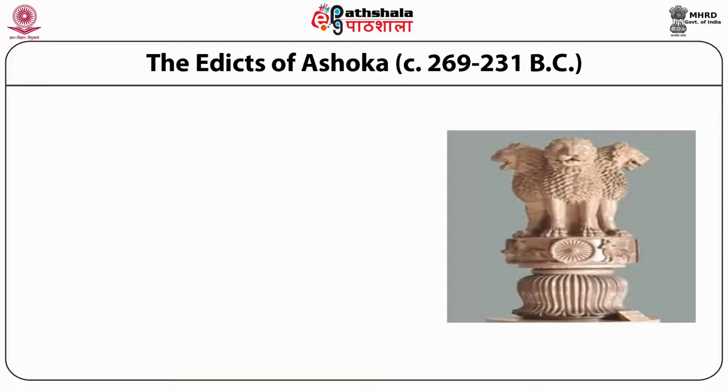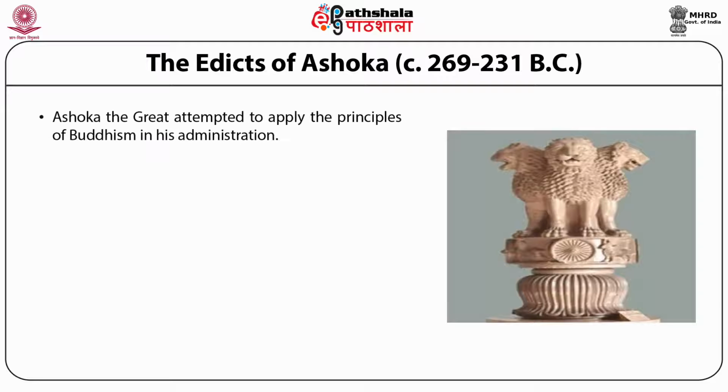I want to draw your attention to the picture on the screen, which is nothing but a rock edict erected by Ashoka the Great. He was chastened by the horrors of Kalinga War and other wars where millions died, and Ashoka embraced Buddhism as a result, and then he attempted to apply the principles of Buddhism in his own administration.